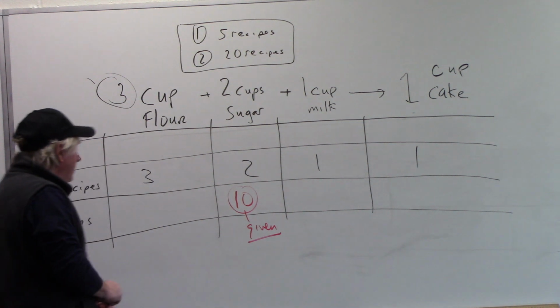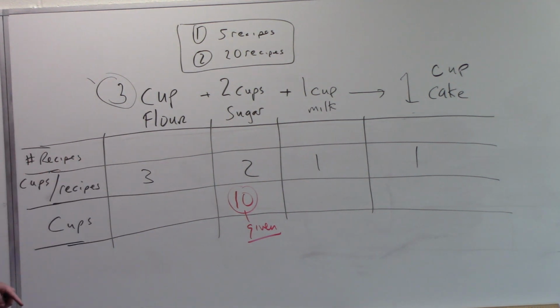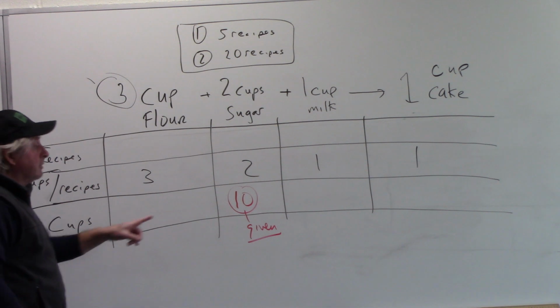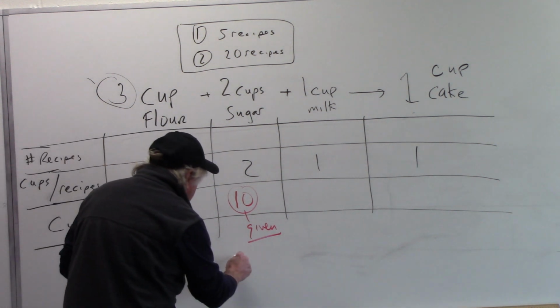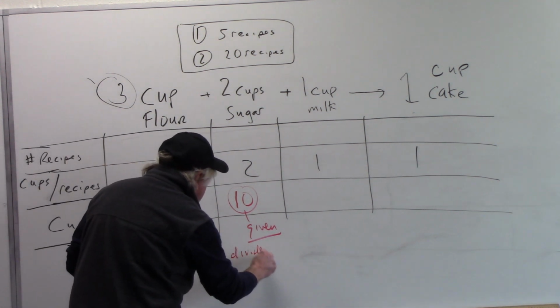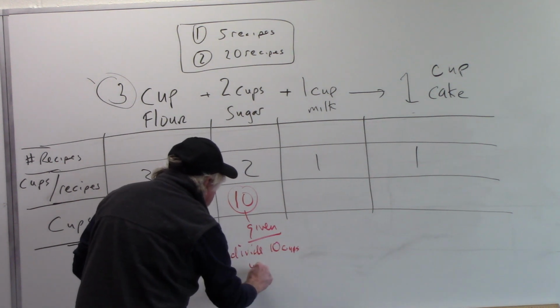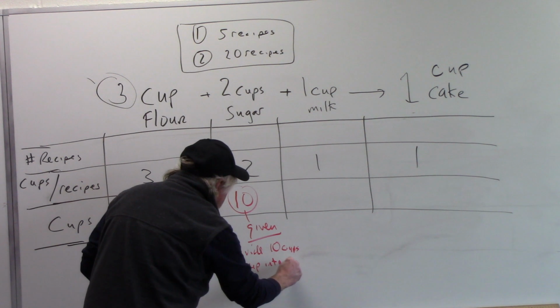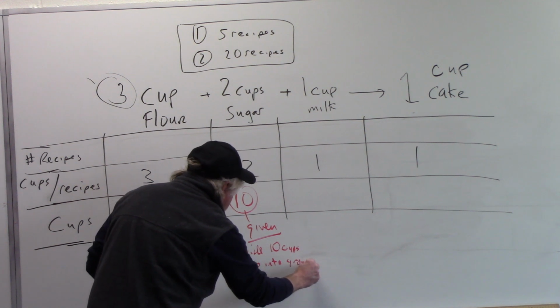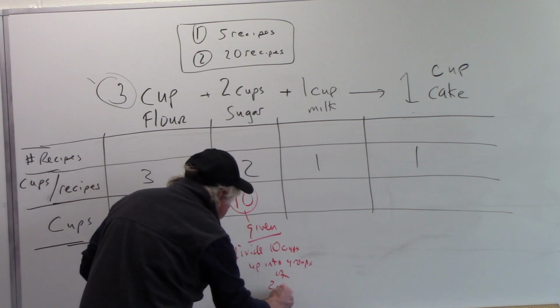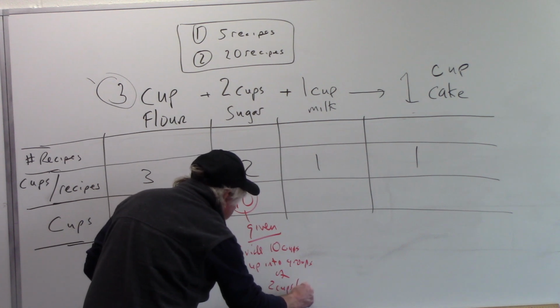So let's say I started out, you're given 10 cups of sugar. You want to know how many recipes that is. Using the same idea here, what you have to do is think about this. You're going to divide 10 cups up into groups of 2 cups per recipe.